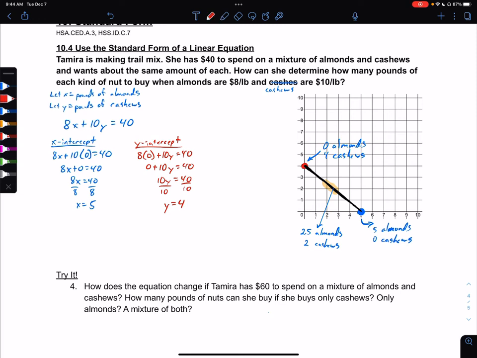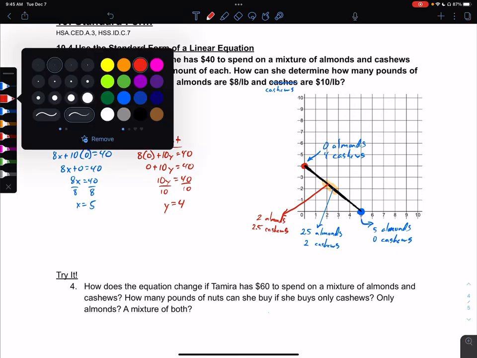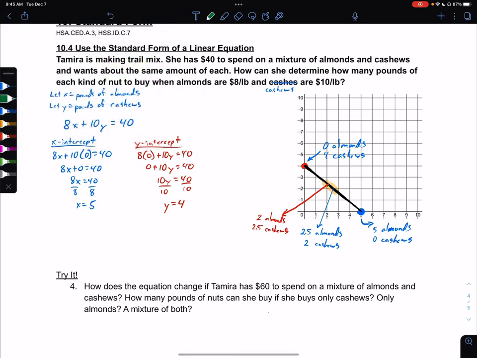We'd have this point here. You're looking at 2 pounds of almonds and 2.5 pounds of cashews. So there's kind of variations, but somewhere in this little pocket here. Let's change colors, make it even more confusing.